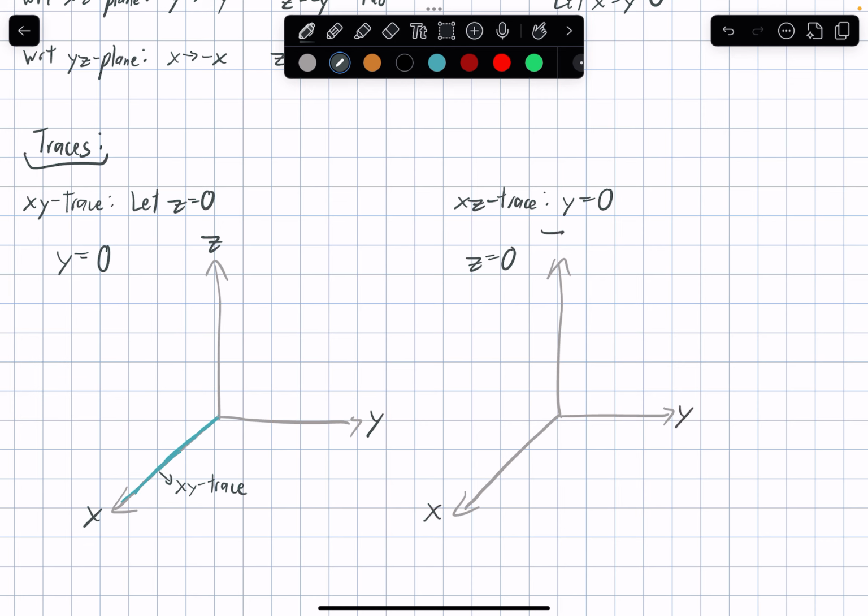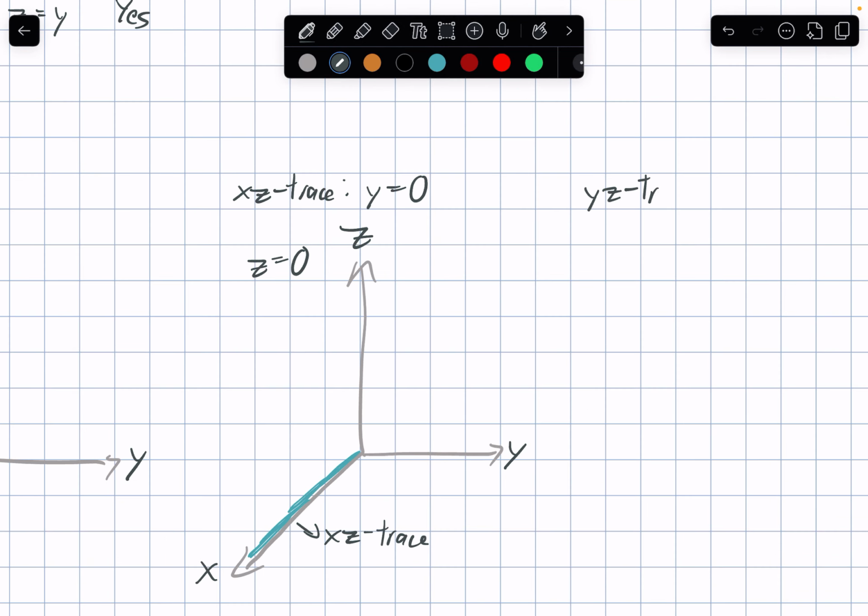So again, this is x, this is y, this is z. xz plane, so we're only looking at this plane. x being equal to 0, I think it's also this. Yeah. So this is the xz trace.